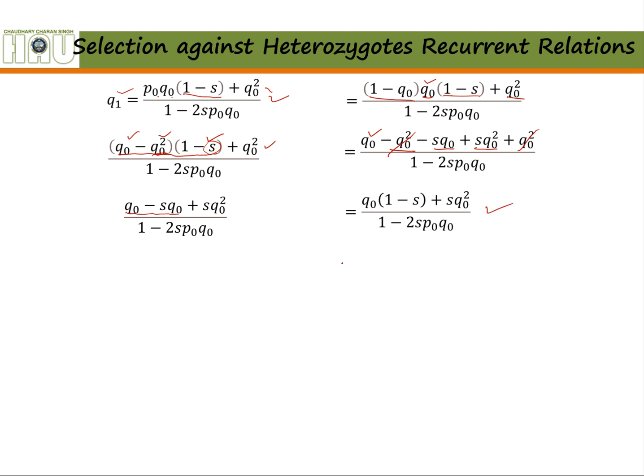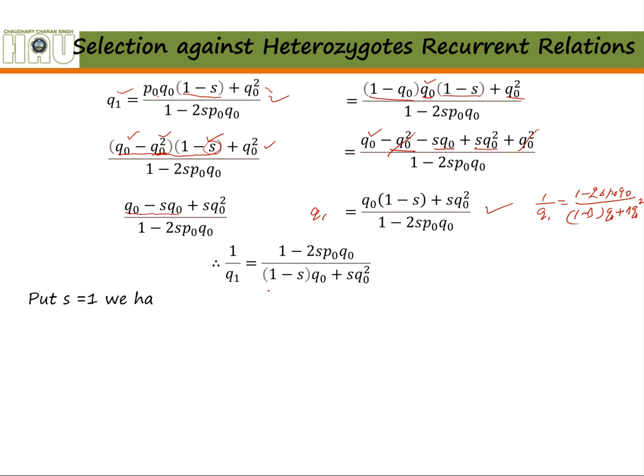And if I take the reciprocal, because this is Q1, and I want to find out 1 over Q1, so this becomes 1 minus 2S P0 Q0 upon 1 minus S Q0 plus S Q0 square. So you can find this. Now put S is equal to 1.